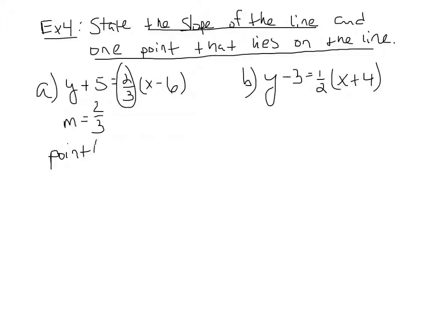And a point that the line passes through has to be x sub 1, y sub 1. And remember, those are the numbers that come after the minus signs. So the number after the minus sign for the x value is 6. And for the y value, there is no minus sign, but remember, a plus sign is just two negatives. So it's 6, -5.